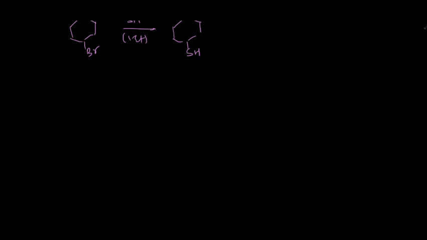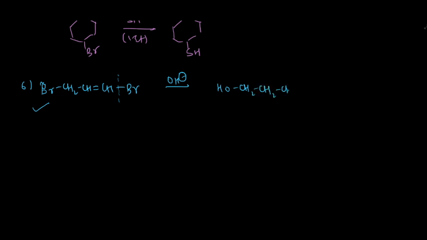Let's solve some more problems. Sixth problem: BrCH2CH=CHBr with OH minus, 1 equivalent. We know that this Br here is not a good leaving group, this one is a good leaving group. So it will attack to give HOCH2CH=CHBr.